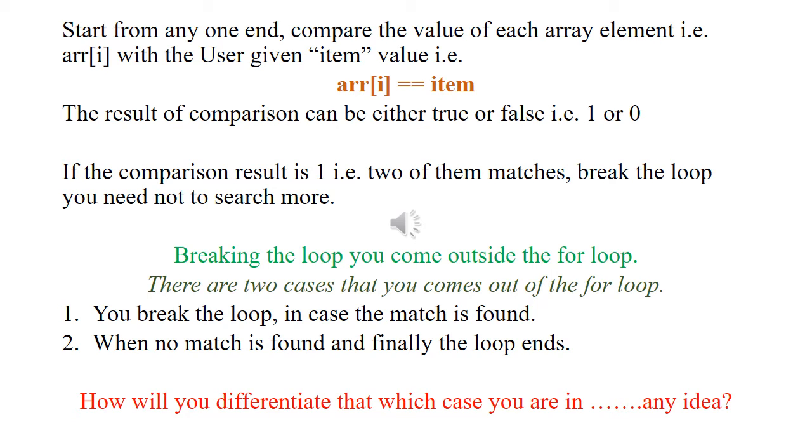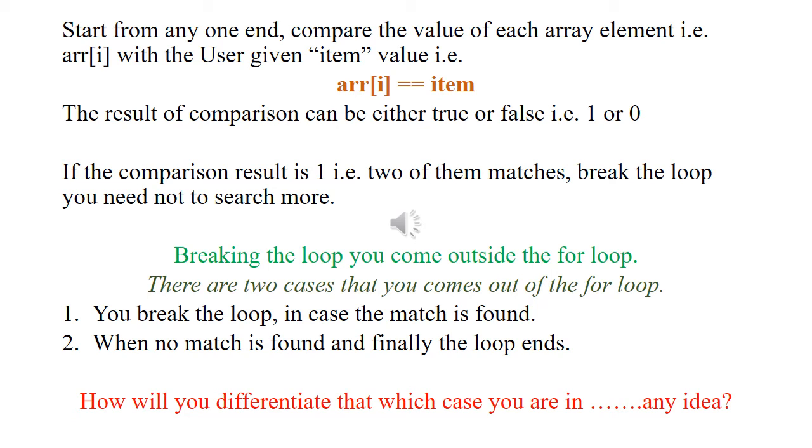When you compare two values, the result of comparison can be either true or false, that is 1 or 0. So we are going to compare the first element of the array with the item given by the user. If the comparison result is 1, that is, the two of them match, we break the loop, and you need not search anymore.